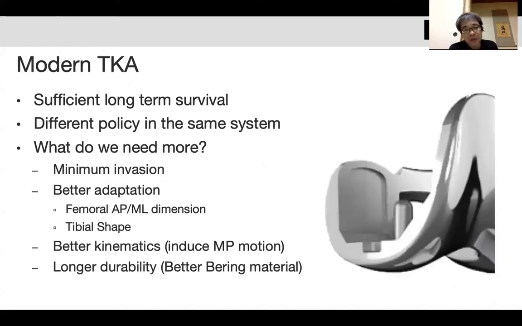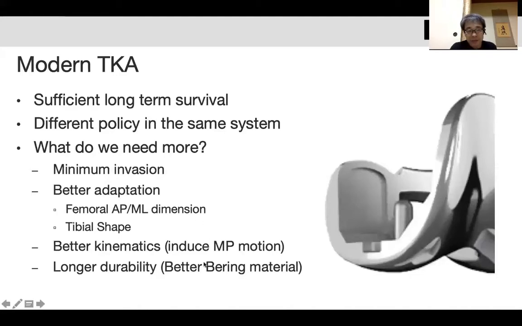And longer durability needs better material for both the polyethylene and the femoral component. One Japanese member tried to make this femoral prosthesis using ceramic.